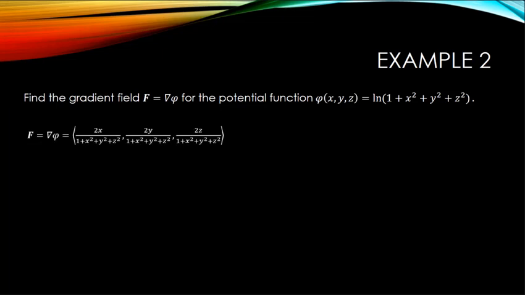F is the gradient of phi, which is equal to the vector with components 2x over the quantity 1 plus x squared plus y squared plus z squared, 2y over the quantity 1 plus x squared plus y squared plus z squared, and 2z over the quantity 1 plus x squared plus y squared plus z squared. And I'm going to look at this and notice that this might be easier to express in terms of spherical components. This becomes 2 times the vector r over 1 plus the magnitude of r squared.